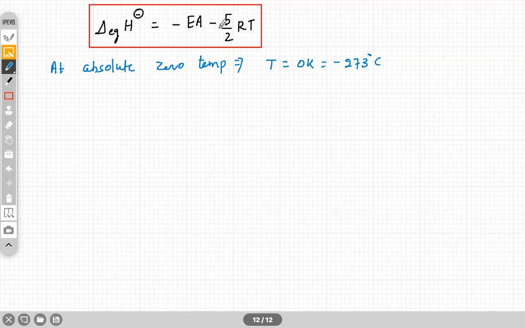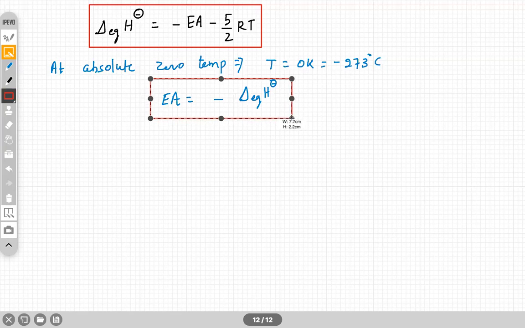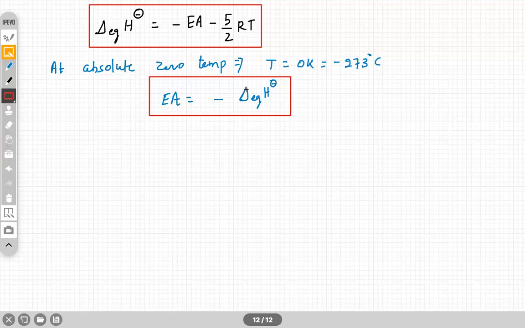So when you substitute this here, the electron affinity becomes the negative of delta Eg H negative. That's why in some books they have written that electron affinity is the negative of electron gain enthalpy. Yes, it is a hypothetical value, but it is very difficult to achieve.